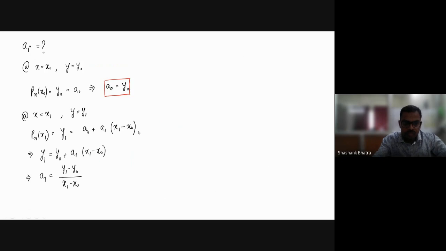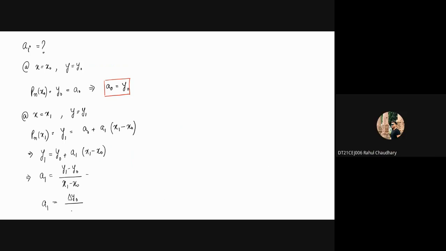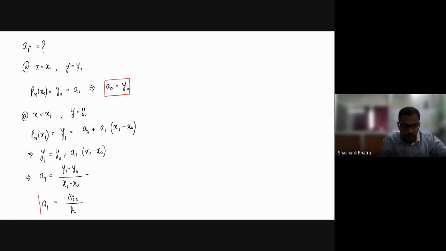So using these two, I can write that a1 equals y1 minus y naught, which is your delta y naught, and x1 minus x naught is the space h between the data points. So it will be delta y naught upon h. So simply, another coefficient we were able to find out.